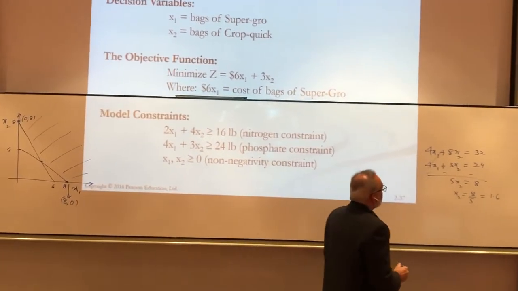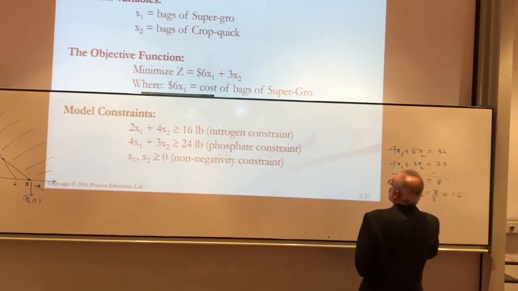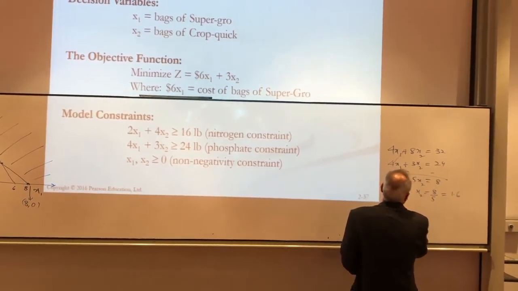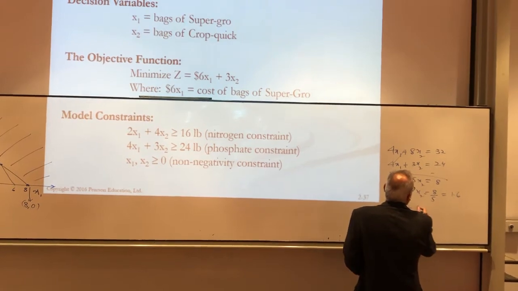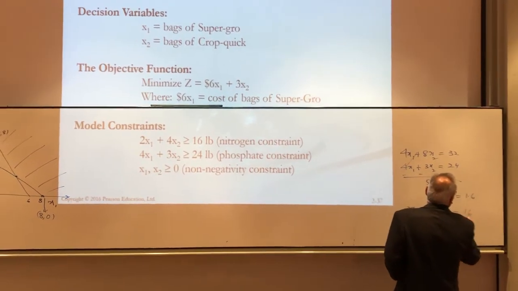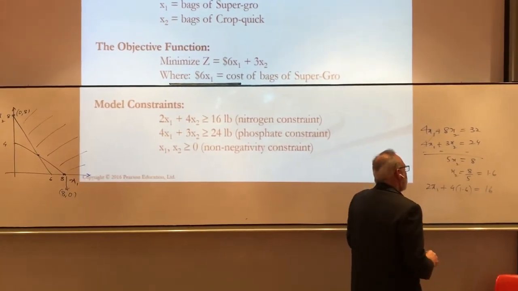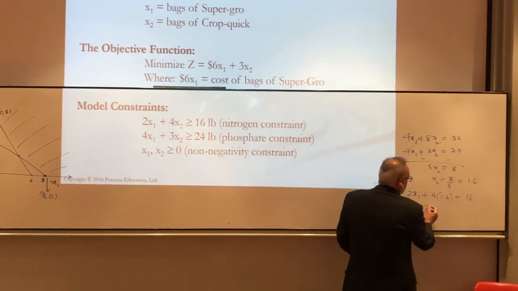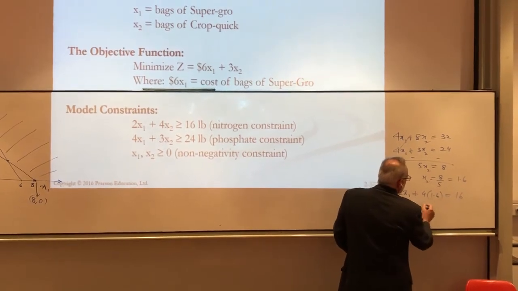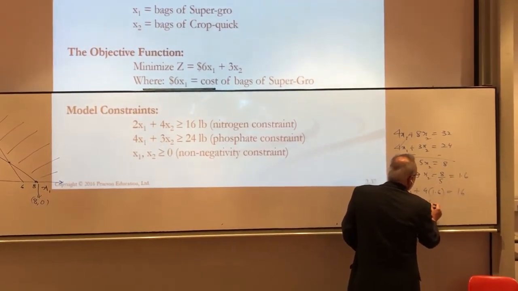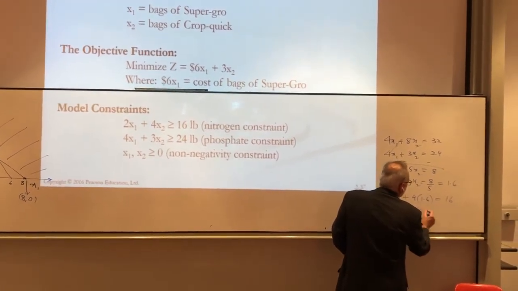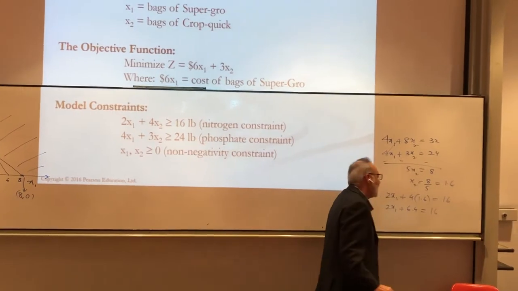So this is x2 is equal to 1.6, then x1, which is 2x1 plus 4 into 1.6 is equal to 16. And this will be how much? 2x1 plus 4, 6 are 24. And this will be 6.4 equal to 16.